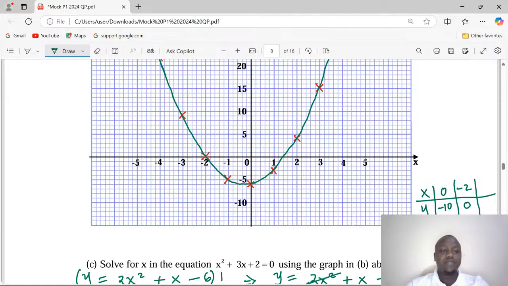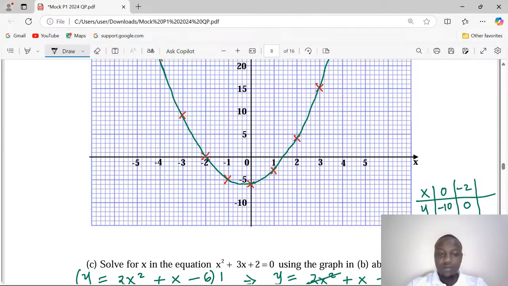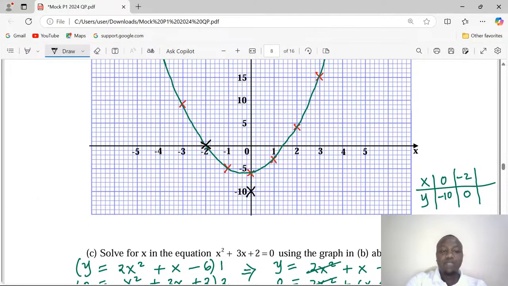0, negative 10. It's the coordinate here. Then negative 2, 0 is already there. So that is the straight line that I'm supposed to draw. It should pass there.